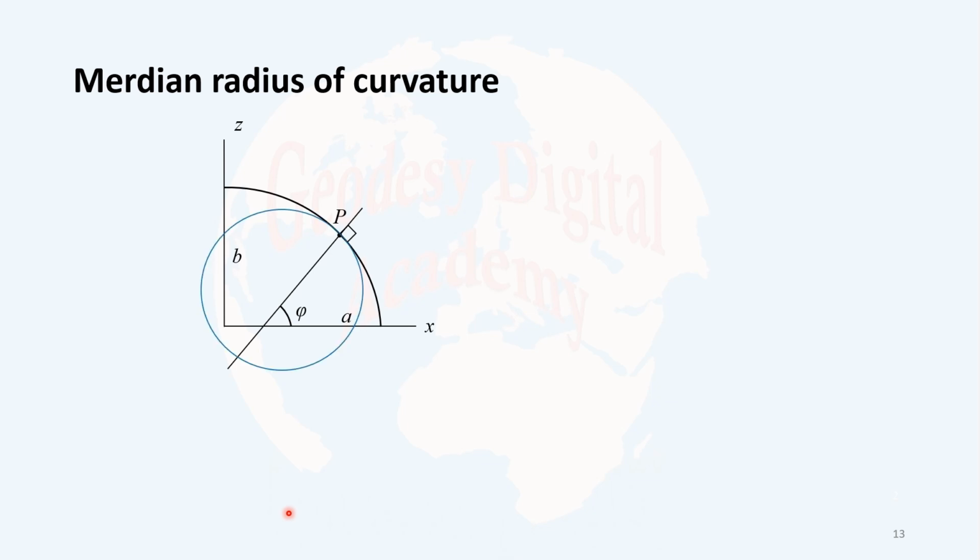When these 2 points get very, very close to point P, then this circle, which is defined based on these 3 points, is called the osculating circle. This osculating circle has a radius. The radius of this osculating circle is here.